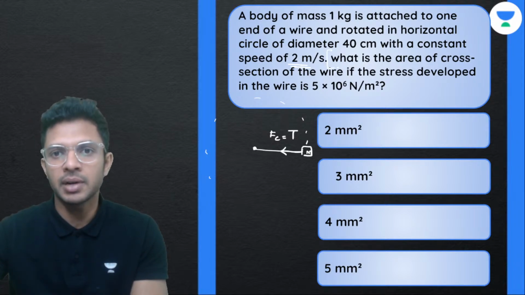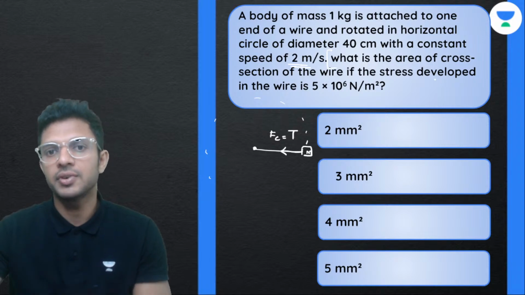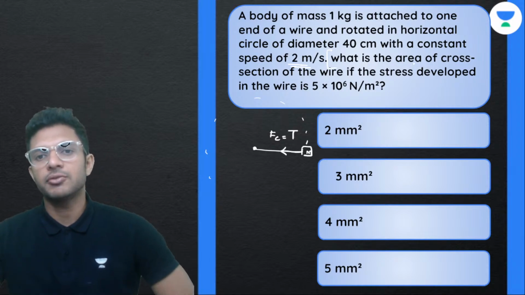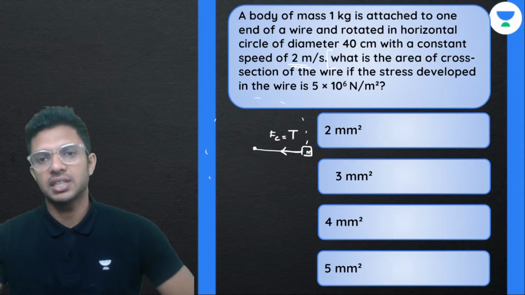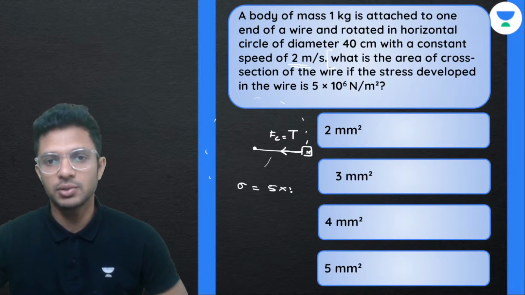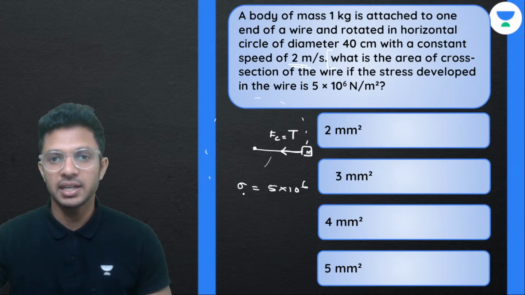We'll read the remaining part of the question. What is the area of cross section of the wire if the stress developed inside the wire is 5 into 10 power 6? Okay, in this wire the amount of stress developed is given, that is 5 into 10 power 6. Tell me what will be the formula for stress developed? That is force by area.